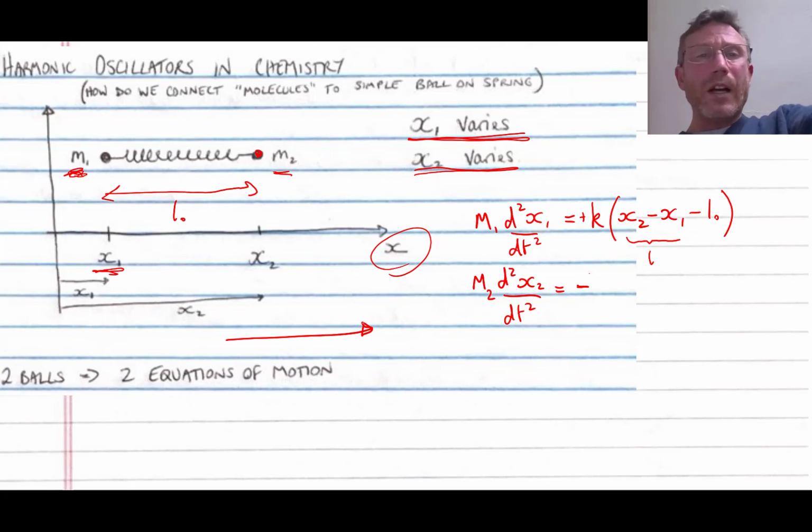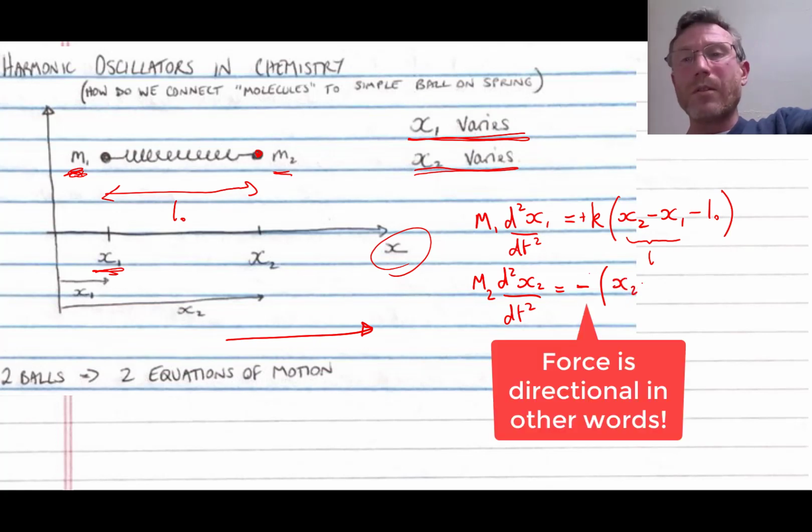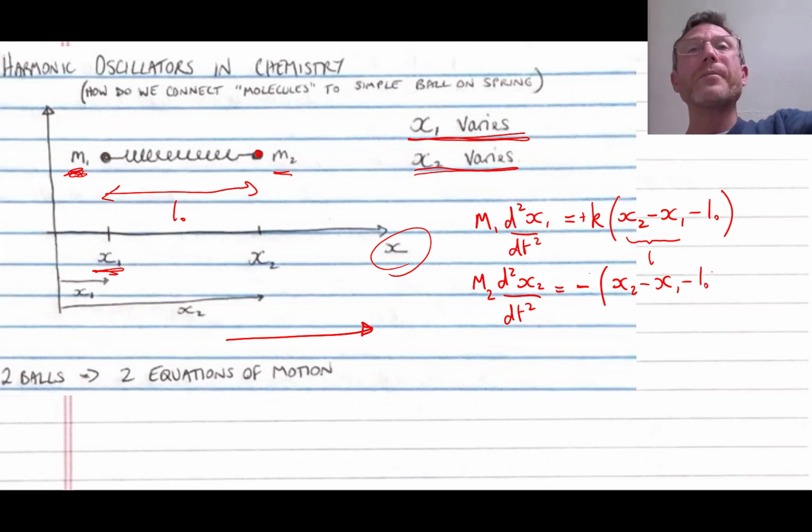So when we pull that particular ball in a different direction, that means that we're going to have the minus sign in here. So that ends up being x2 minus x1 minus L0 again, and let's just recognize it's the same as that L from the previous description.